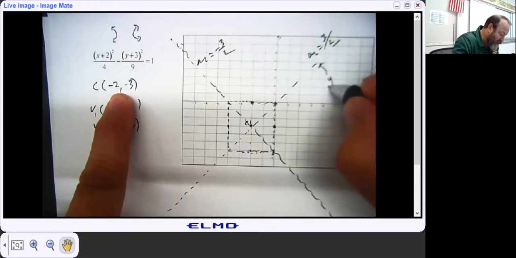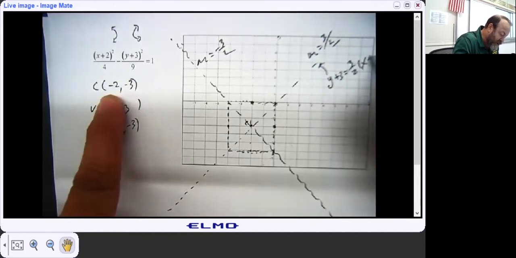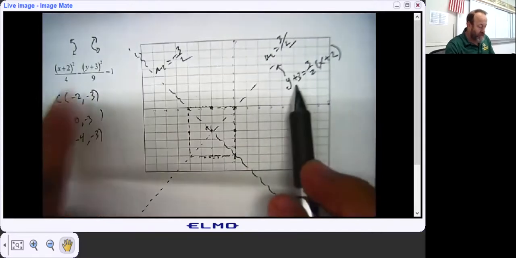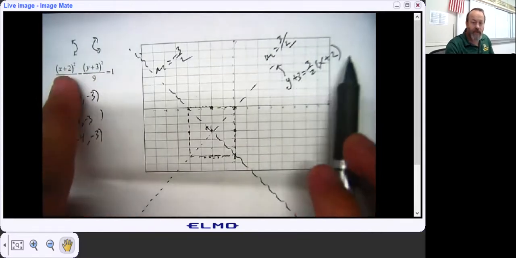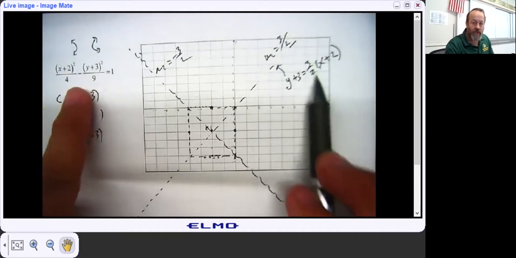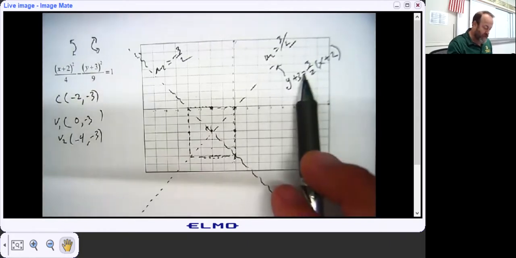So this line right here would be this guy, would be y minus the y value equals m times x minus the x value. And not on accident, you'll notice the y plus 3 and the x plus 2. They're exactly right there. Notice the rise of 3 and the run of 2. Again, the square roots of those. This line is exactly the same line, except it has the negative slope.